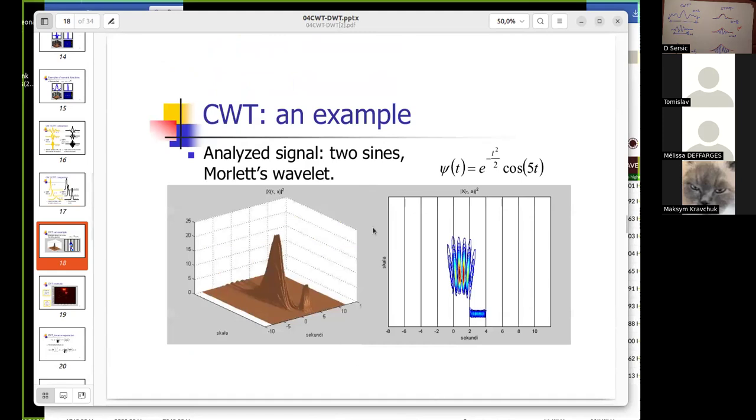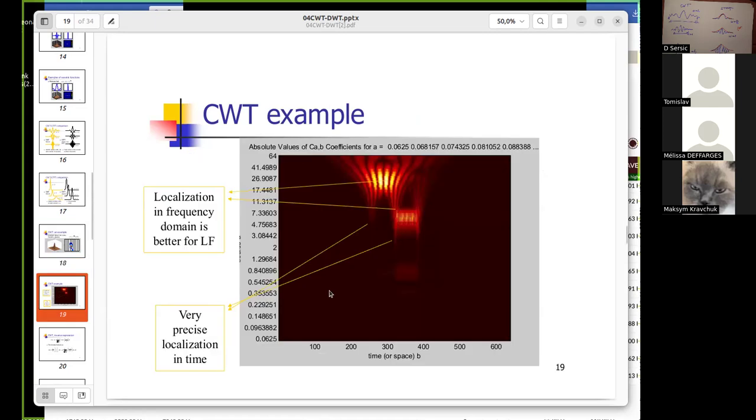So, if we analyze our 2 sines with, for example, the Morlet wavelet, we are going to get such a result. We have a better resolution in the frequency domain for lower frequencies, and a little bit worse resolution for higher frequencies, but for higher frequencies we have those tails in the spectrum, and those tails enable us to very precisely detect where the observed phenomenon started and when it ended.